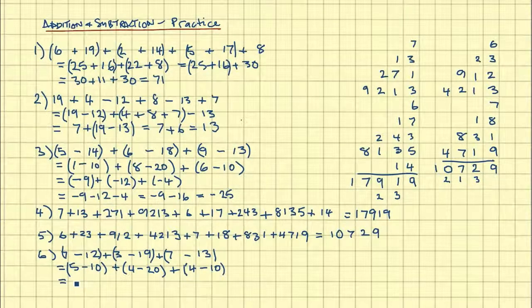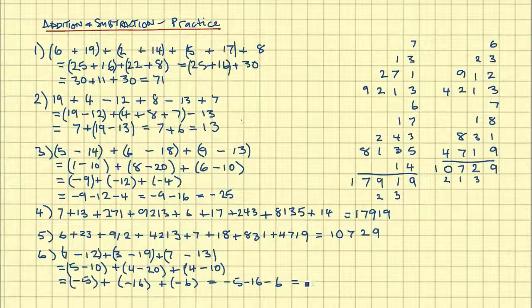Okay, a lot easier now then. So we've got 5, subtract 10, gives us -5. We've got 4, let's put it in brackets because we're doing an addition here. We might want to rearrange, and that's why we're keeping them in brackets. So for subtract 20, negative 16, and for subtract 10 gives us negative 6. So that's given us negative 5, subtract 16, subtract 6.